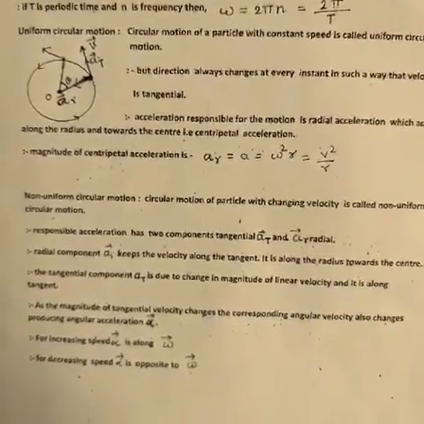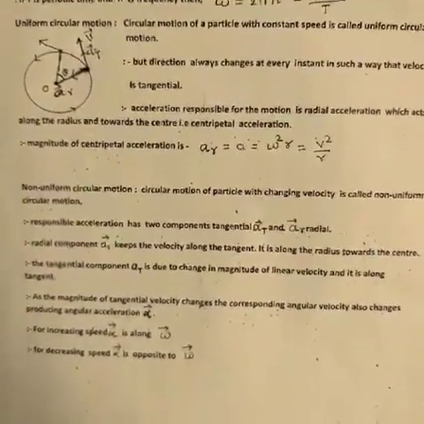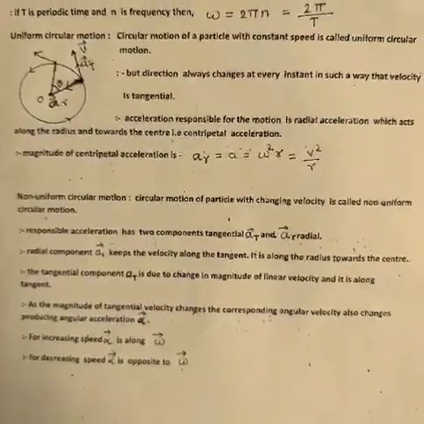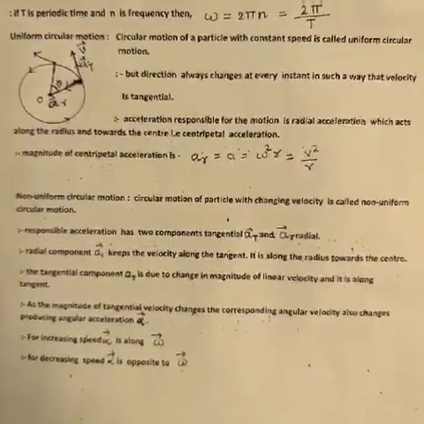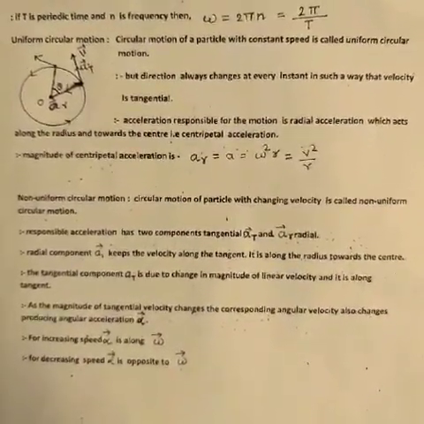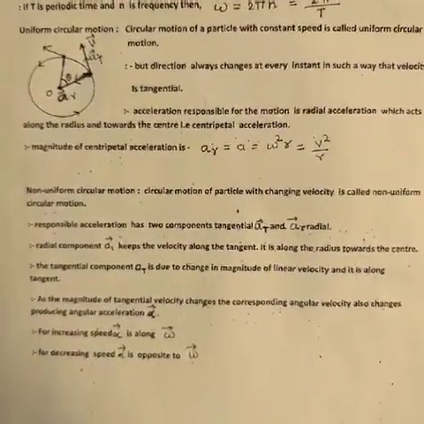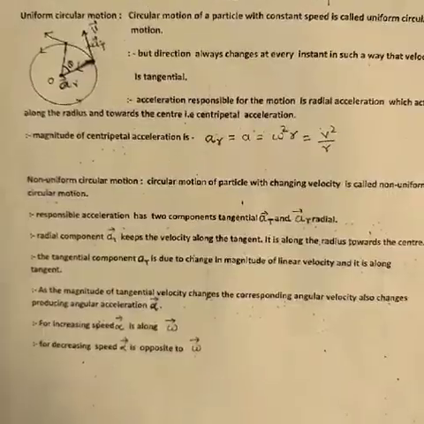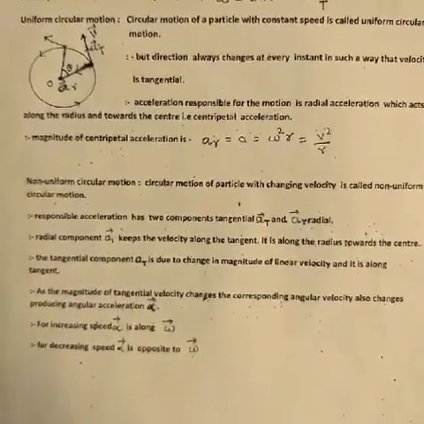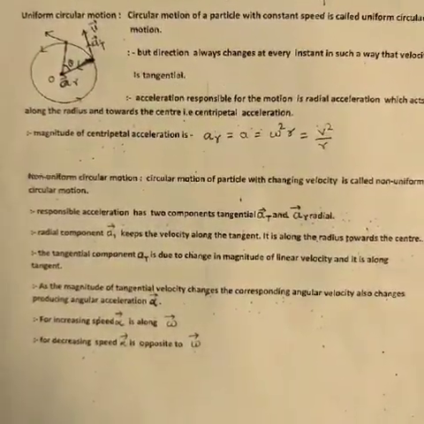Then, what is non-uniform circular motion? Circular motion of a particle with changing velocity is called non-uniform circular motion. In case of non-uniform circular motion, the direction as well as the magnitude of the velocity are changing. So, the responsible acceleration has two components. One is along the tangent and one is along the radius.